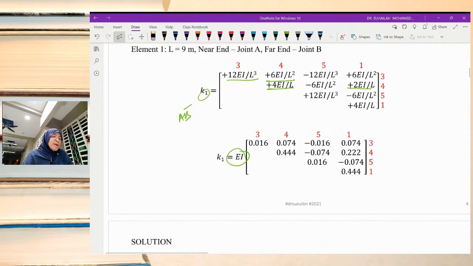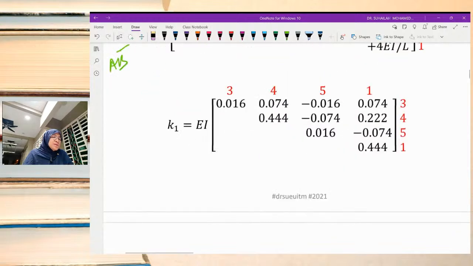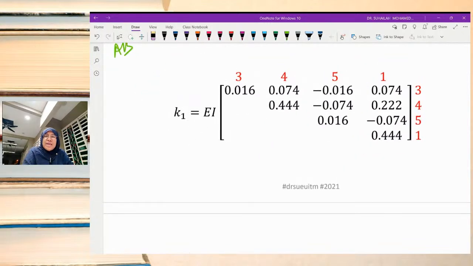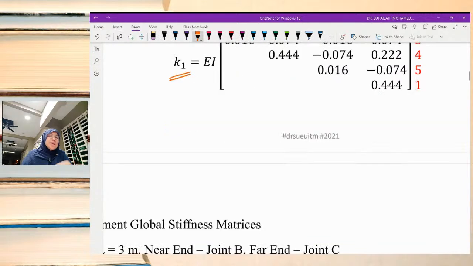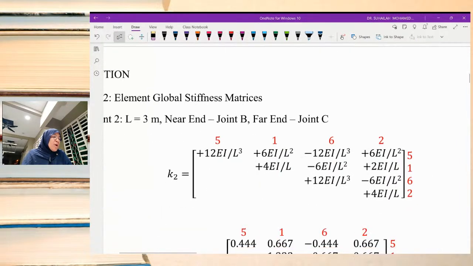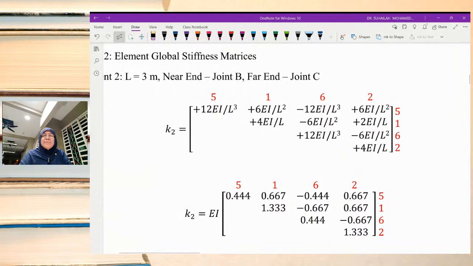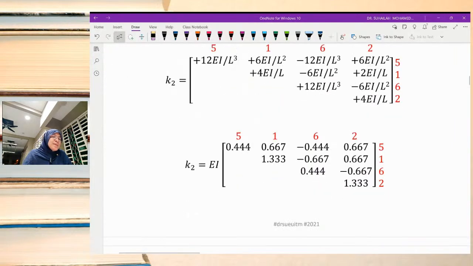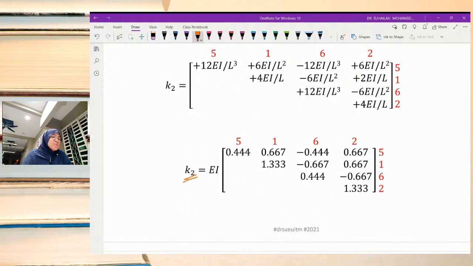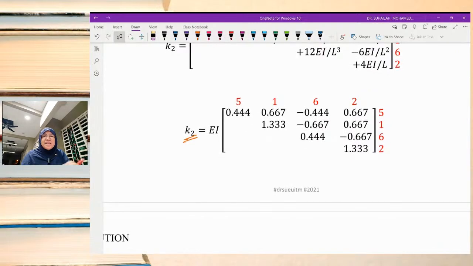This is K1, EI remains constant, and we label it as 3451. This is for K1, and then we do the same for element number 2, where the label will be 5162.